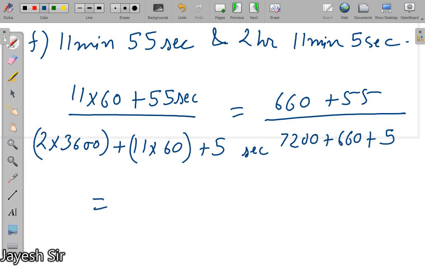On adding the numerator you will get 715, and on simplifying the denominator you will get 7865. 11 minutes 55 seconds means 715 seconds. 2 hour 11 minutes and 5 seconds means 7865 seconds. Okay, now you can find the ratio because the units of both the terms are the same now. And on simplifying it you will get your correct answer.